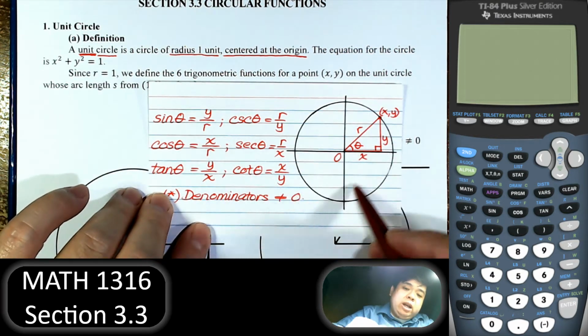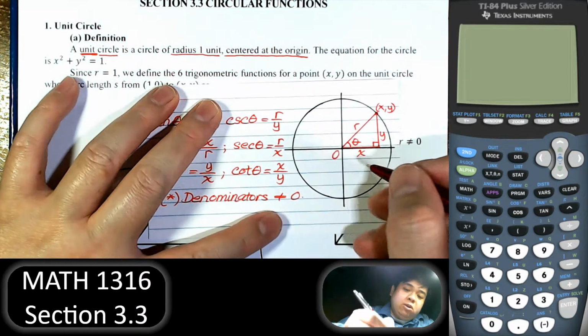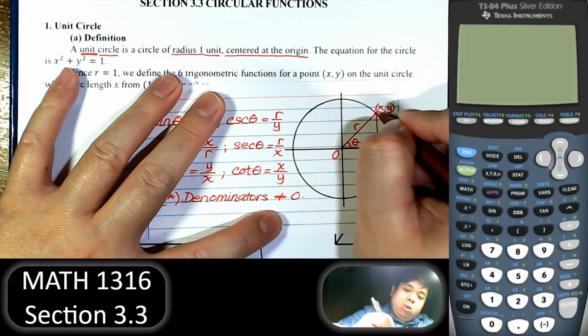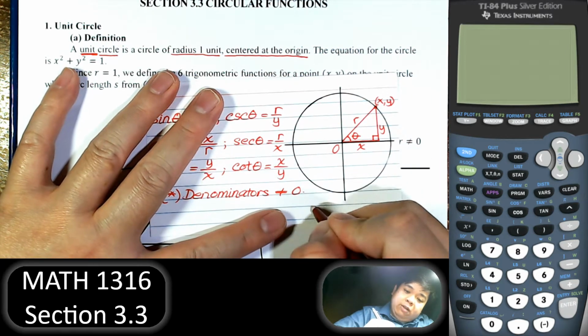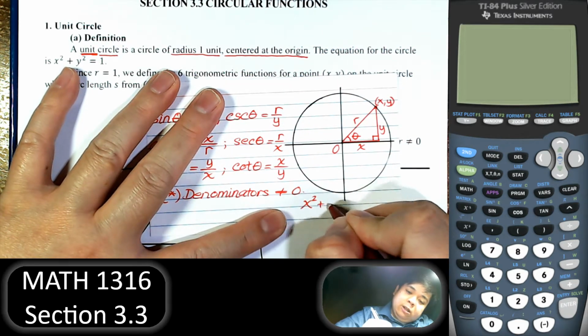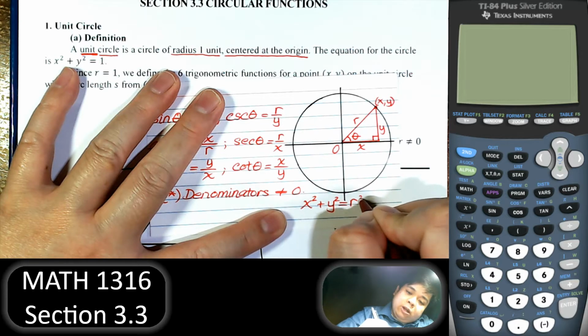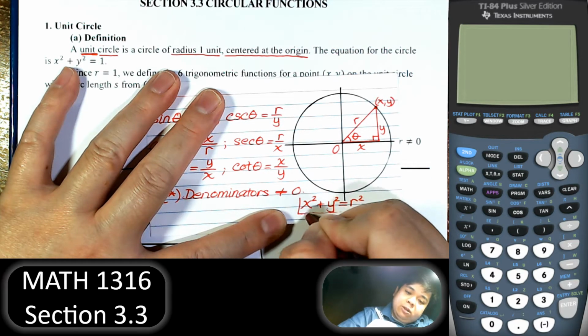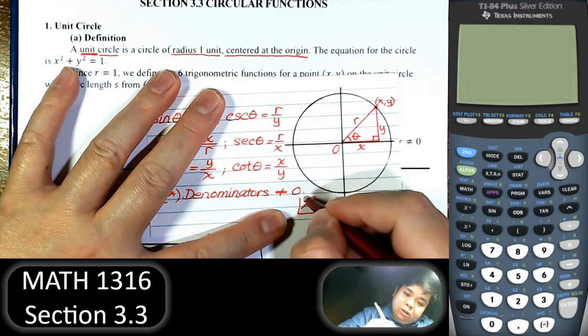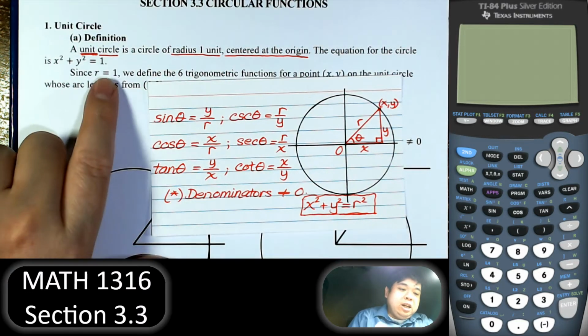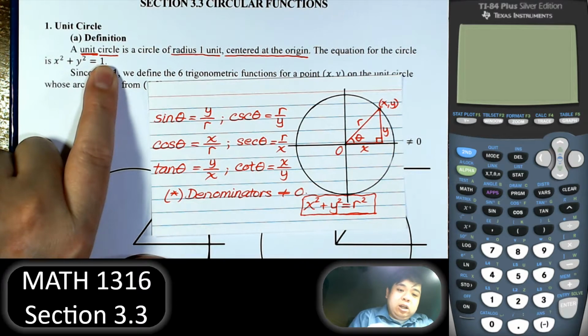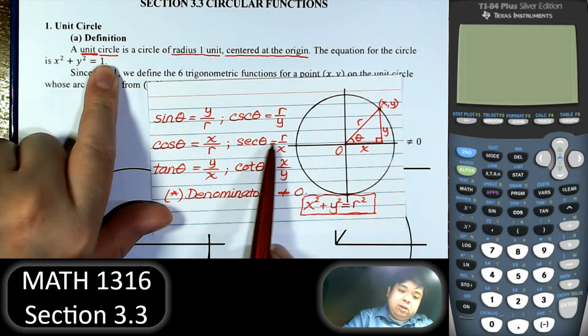But in general, for a point x, y on any circle with radius r, we have x squared plus y squared equal to r squared. In this case, we let the radius be 1, so r is equal to 1.